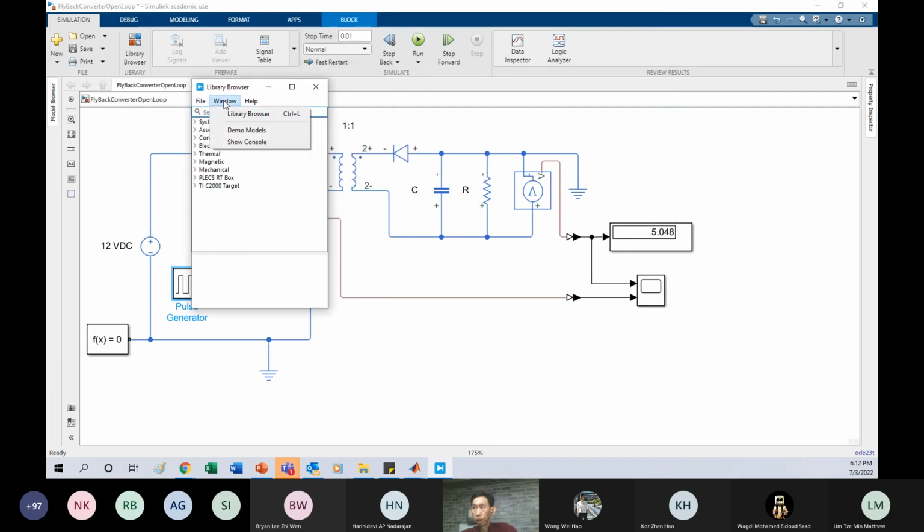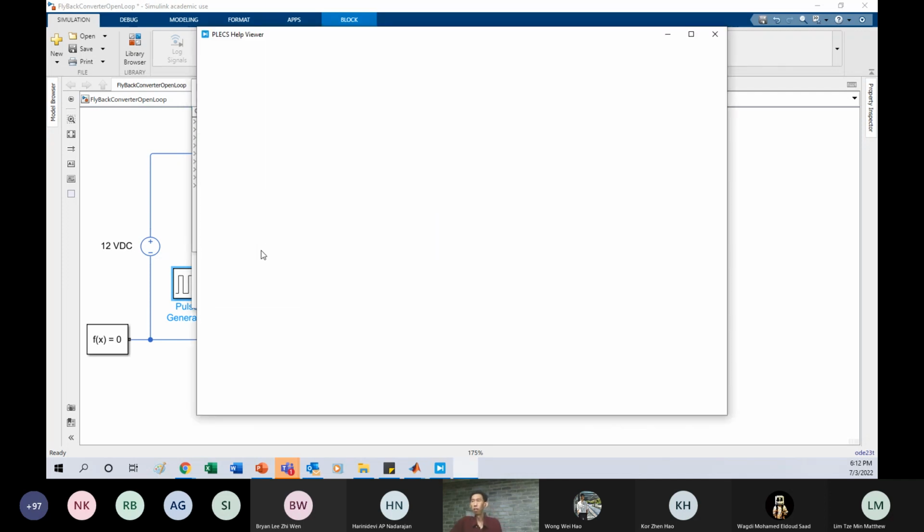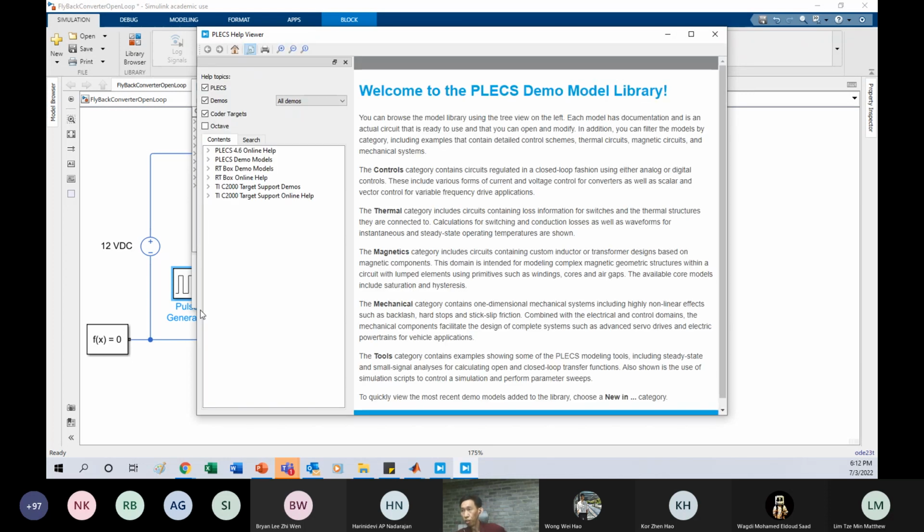You go to demo model. In Plexim, it actually has a lot of ready-made circuits for you.